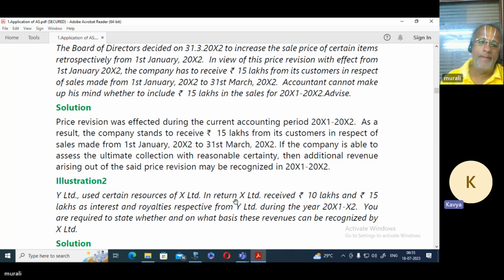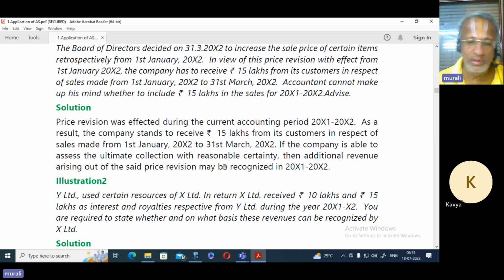You are required to state whether and on what basis these revenues can be recognized by X Limited. So Y Limited used certain resources of X Limited. So Y Limited is the customer and X Limited is the vendor.